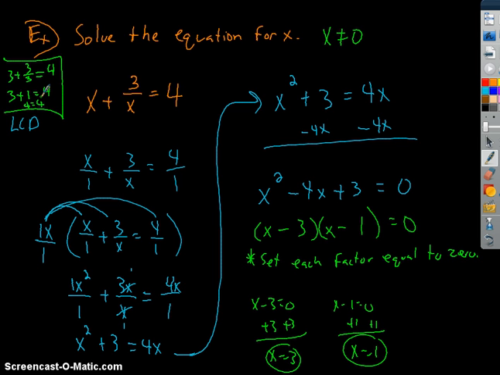So it works. If I tried the other one, the positive 1, I will get 1 plus 3 over 1 equals 4. So it gives you 1 plus 3 equals 4. And it's definitely 4 equals 4. So it also works. So both of them do work, and they don't give me a phony statement or a statement that's not true. So those are definitely our solutions to it.